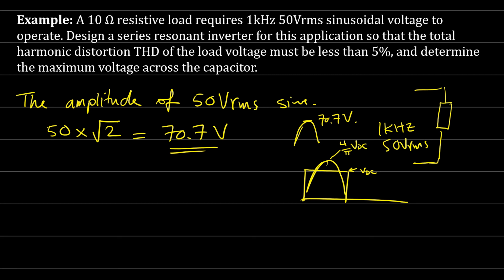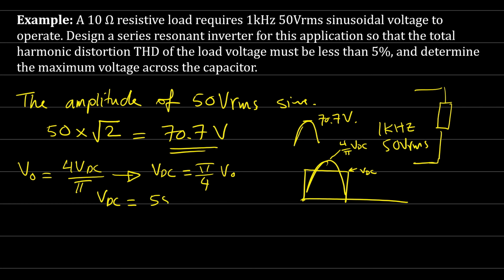So from this information, we can obtain the input voltage. We know that V out is equal to 4 VDC over pi, so VDC is equal to pi over 4 times V out. From here, VDC is equal to 55.5 volt. Okay, we obtain the DC voltage.